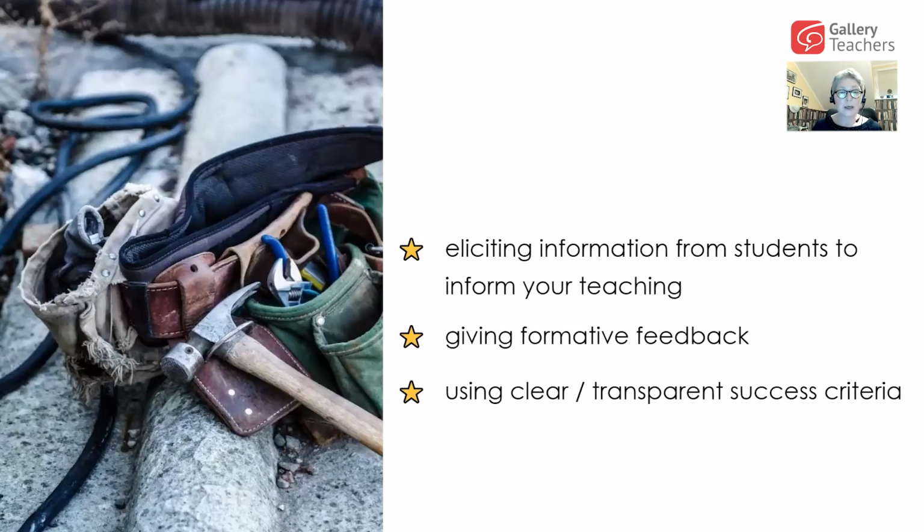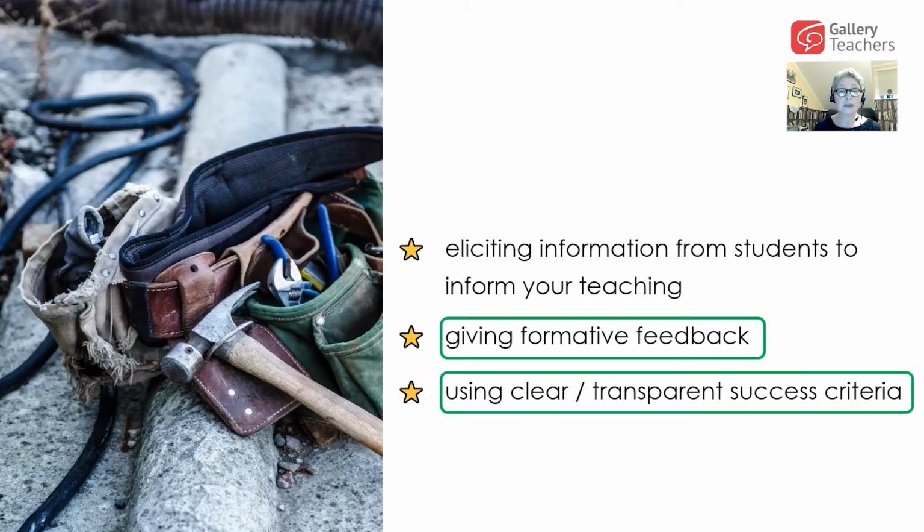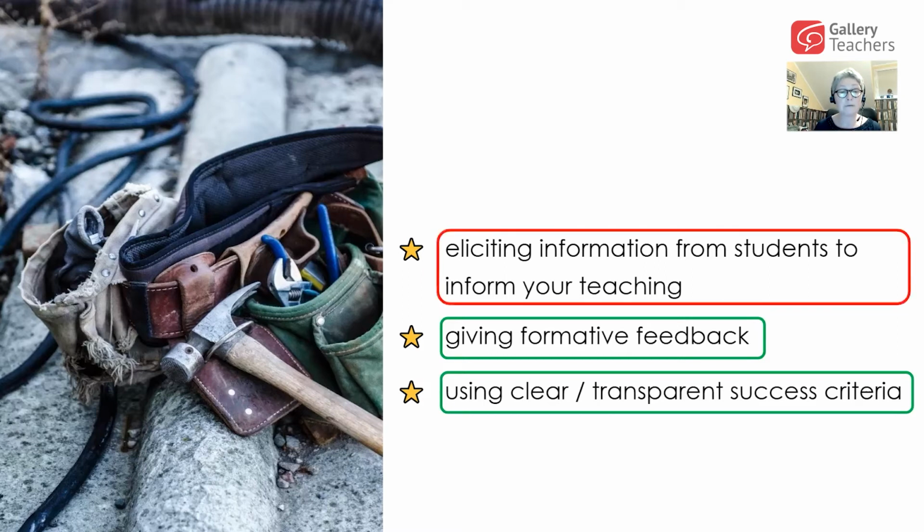Now, a few minutes ago, we identified these three actions as the how of assessment for learning. So now that we have very briefly talked about giving formative feedback and clear and transparent success criteria, we need to look at how we can actually get the information on the students' learning process and on their progress in a way which involves and engages them.